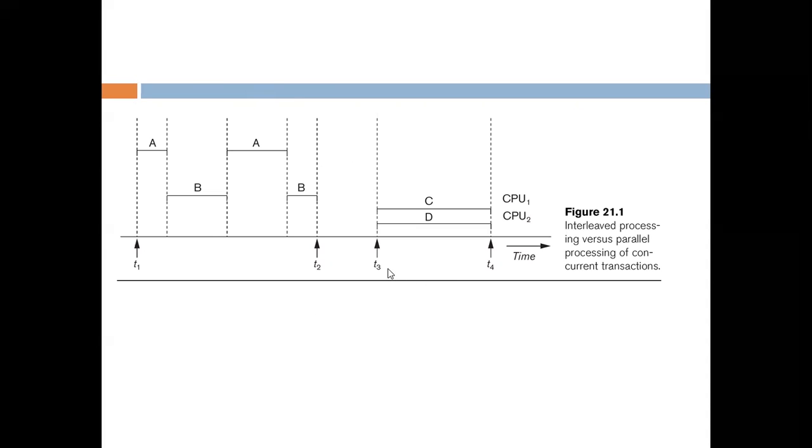Whereas in parallel processing, from time T3 to T4, both processes C and D are executed at the same time but on different machines, CPU 1 and CPU 2. This is just a Gantt chart representation.